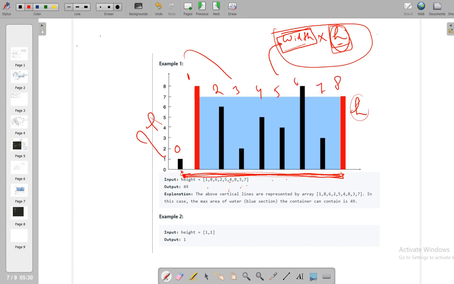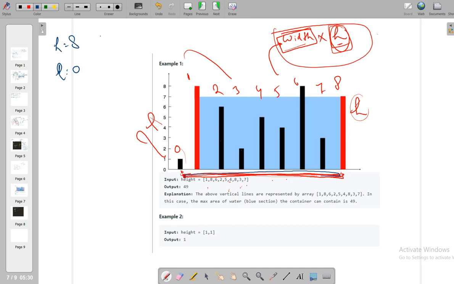So h will be at 8 and L will be at 0. What is the width we are getting? 8 minus 0, the width is 8 units.